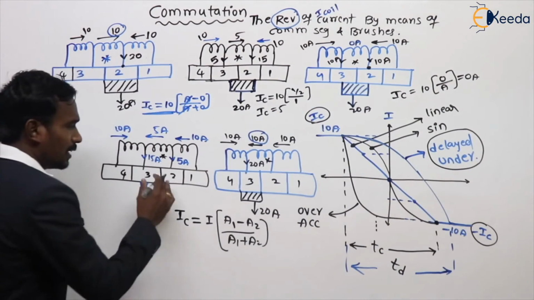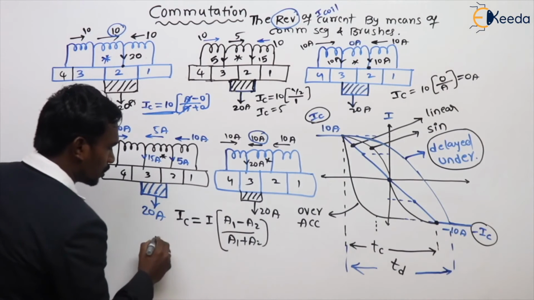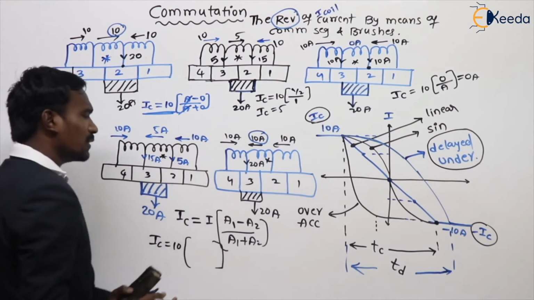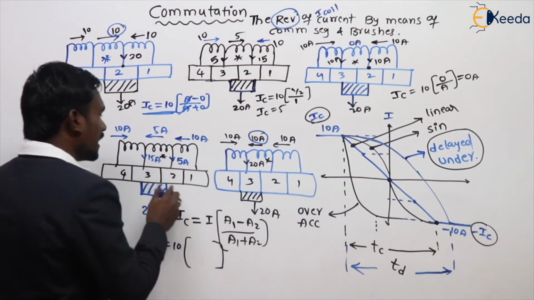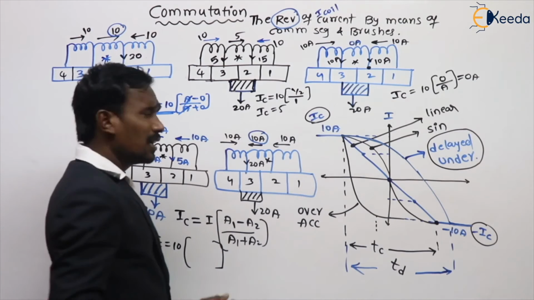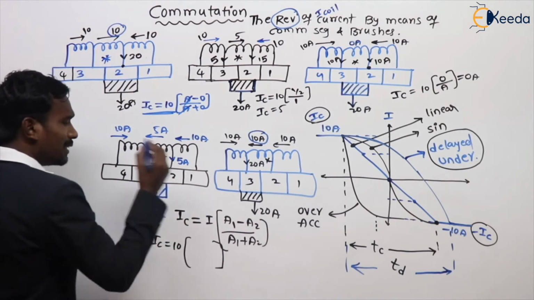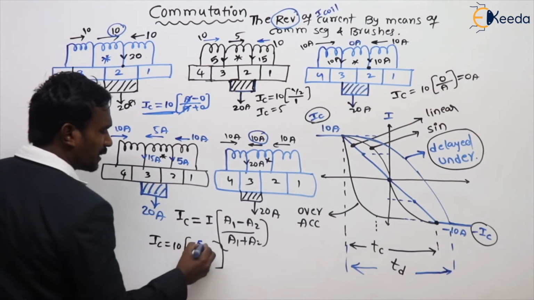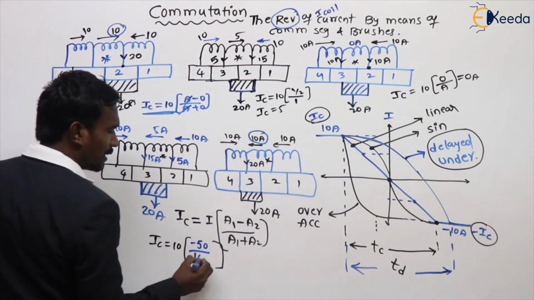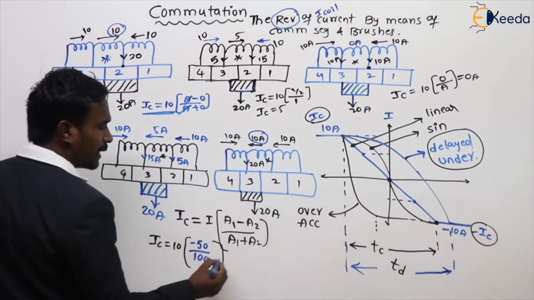And see here, in this case, IC is equal to 10 amperes times, what is the area of the first contact? The first contact is 25%, the second contact is 75%. So 25 minus 75 is minus 50, and 25 plus 75 is 100, so minus 1 by 2.